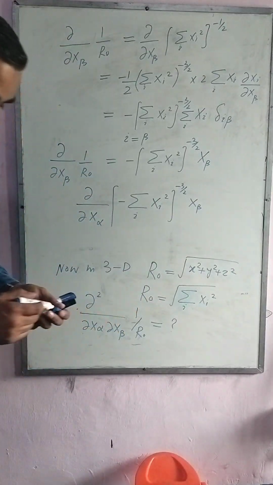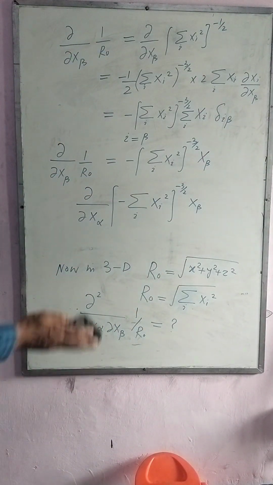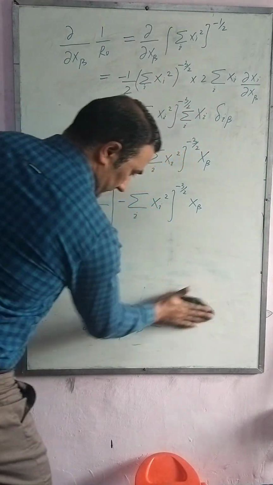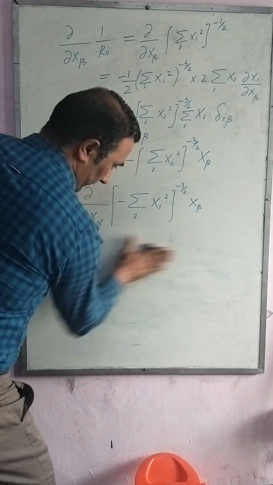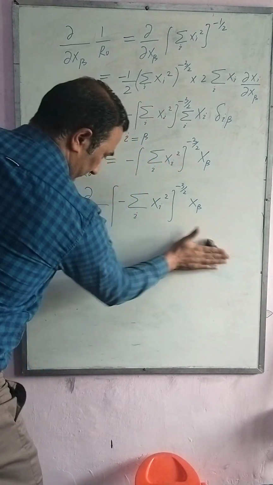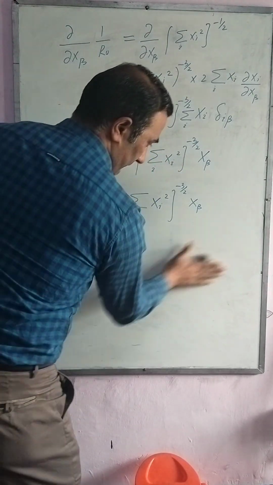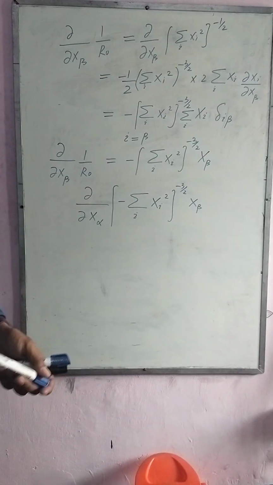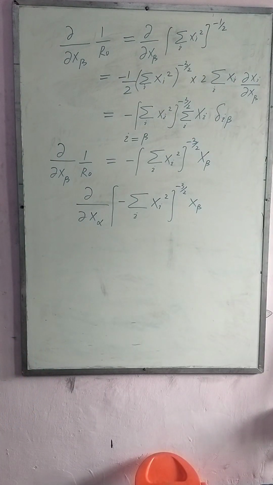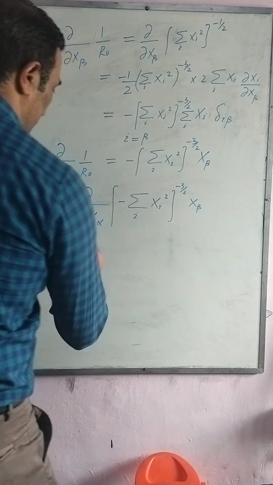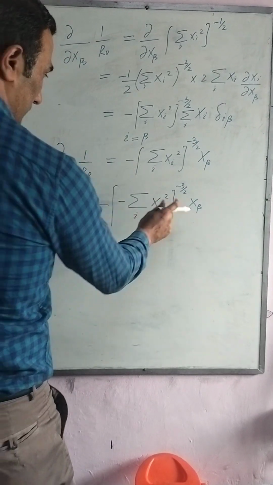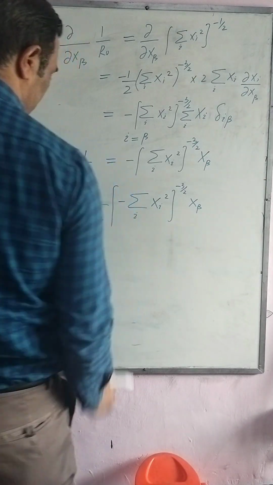So let us differentiate this term. So first, let us rewrite this term. So this will be equal to, you write this as, first differentiate this, then this.